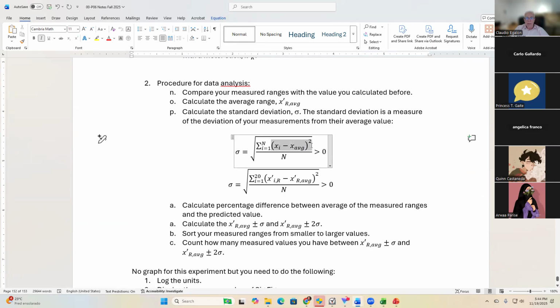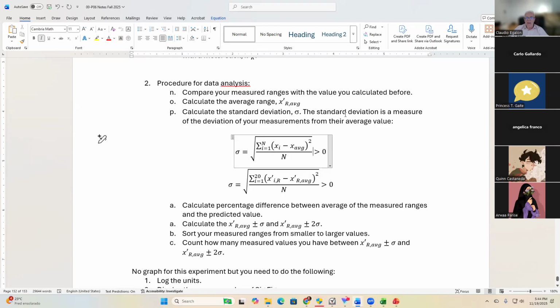You square them, they become meter squared. When you sum, you still get meter squared, and then you divide by a natural number. A natural number doesn't have a unit. So you have meter squared inside the square root, right? The square root of meter squared is equal to, right?